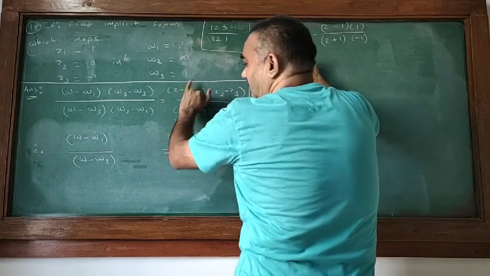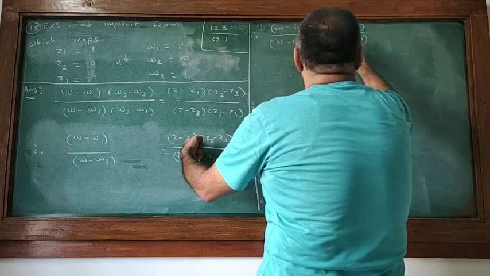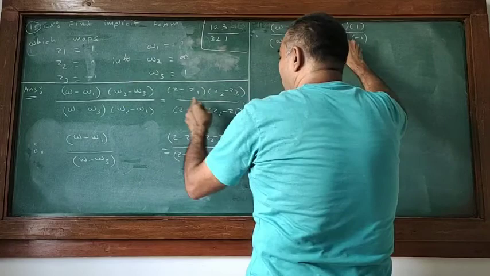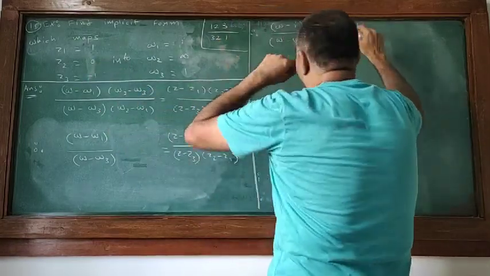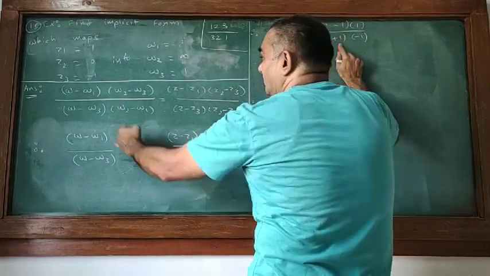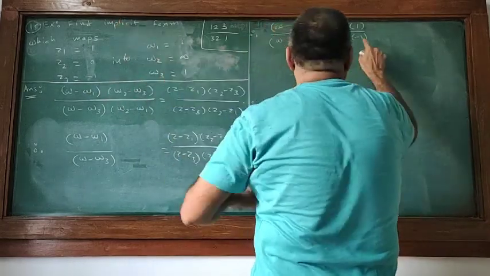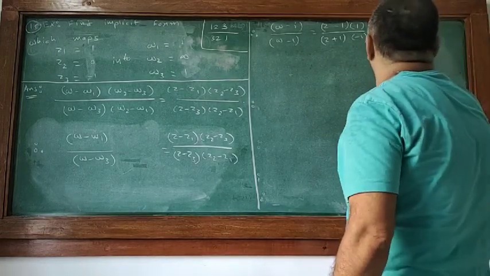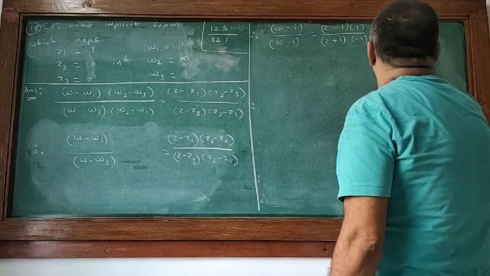Omega minus omega 3 means it is omega minus 1, z minus z1, z minus 1. z2 minus z3 means 0 minus of minus 1, so it is plus 1. z minus z3 means z plus 1. z2 minus z1, and therefore it is minus 1. So this is equal to 1 minus z upon 1 plus z.